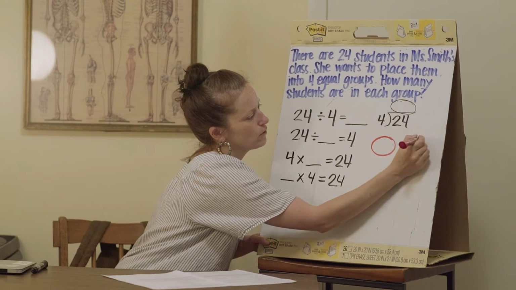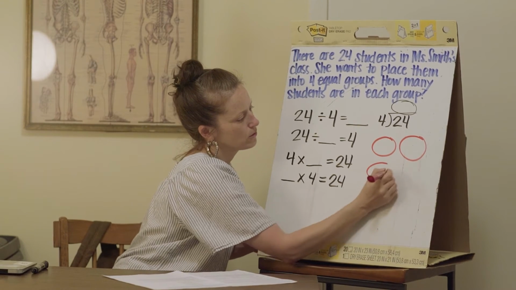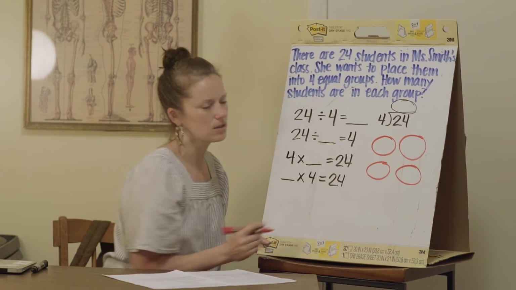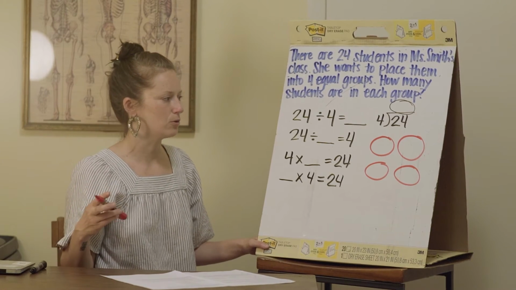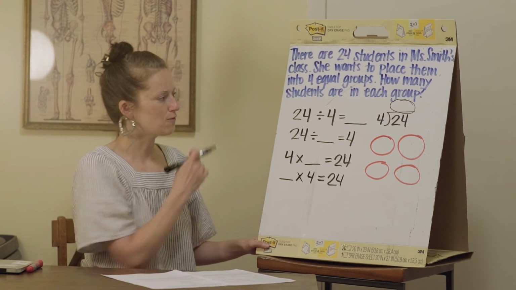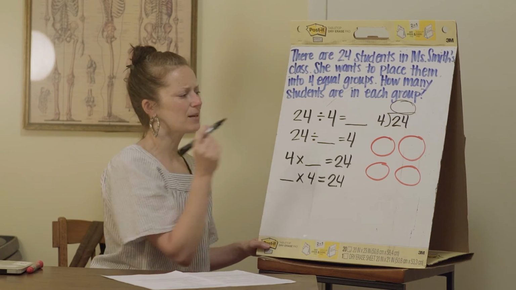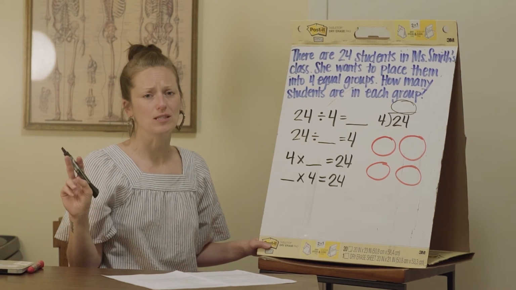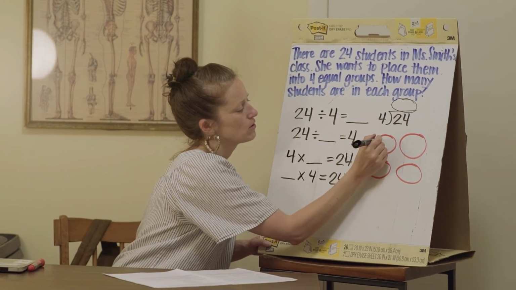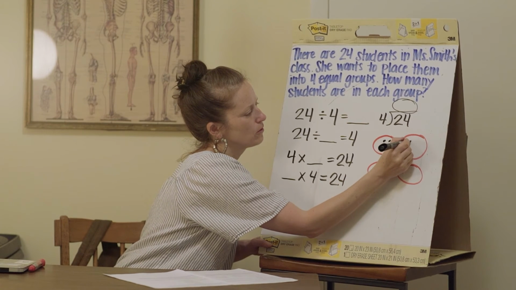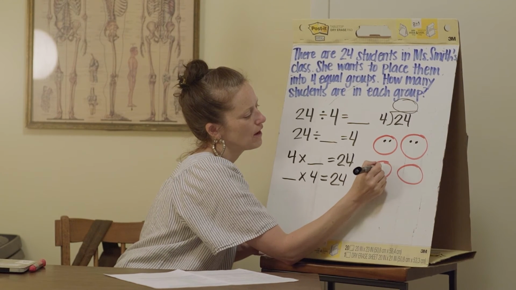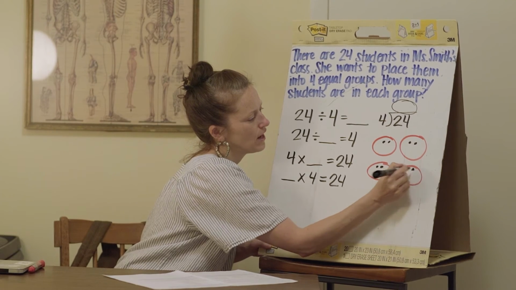So I'm going to say there are 4 groups, so I'm going to need 4 circles. Pretend like these circles are equal in size because we know they need equal groups. Okay. So 4 equal groups. I know that I can put at least two students in each group. So I'm going to say 1, 2, 3, 4, 5, 6, 7, 8.